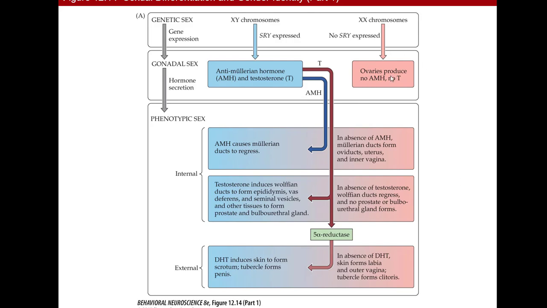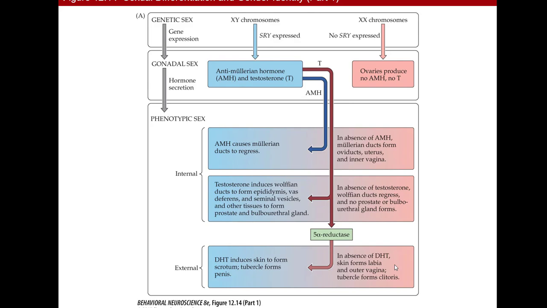So because there's nothing to get rid of the Mullerian system, it will develop into the fallopian tubes, uterus, inner vagina, right? And then because you don't have the testosterone to be converted into the more potent form of testosterone, you have the skin forming the outer vagina and clitoris. Okay, so that's a quick overview of this process as described in your textbook.